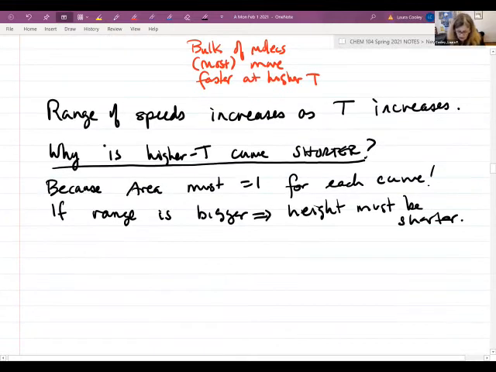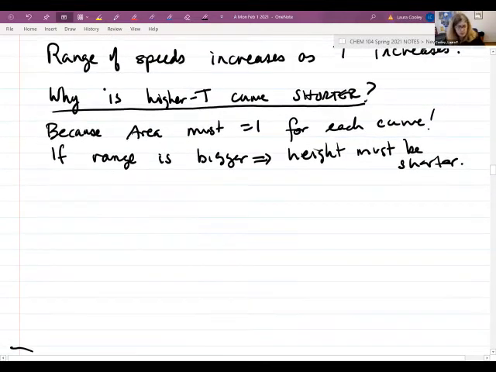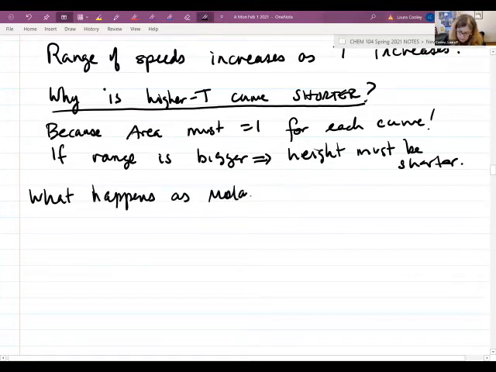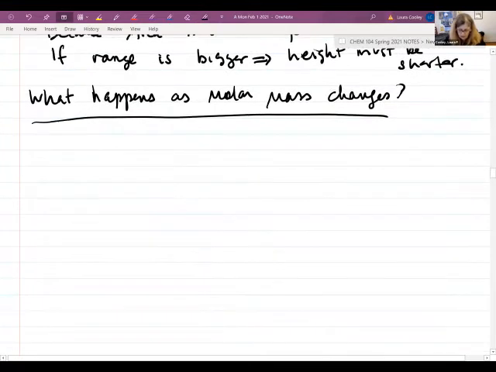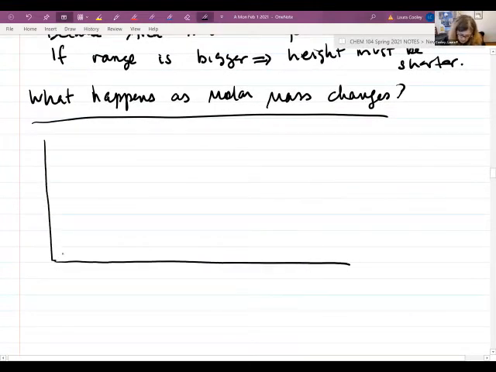So another thing I wanted to talk about with this Maxwell Boltzmann distribution is what happens as the molar mass changes. I'm going to just draw you a picture. I'll show you nice, pretty pictures after.